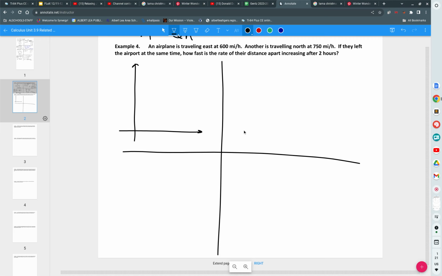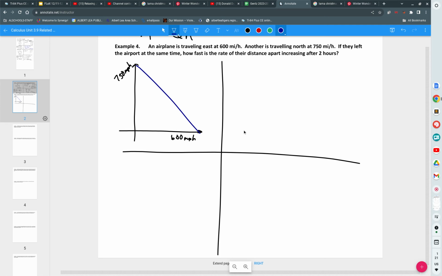Got one plane traveling this direction at 600 miles an hour. Got another plane traveling this direction at 750 miles per hour. And there is a distance between them. Did everybody agree the distance is growing, it's getting larger? We'd like to know at what rate that distance is changing.